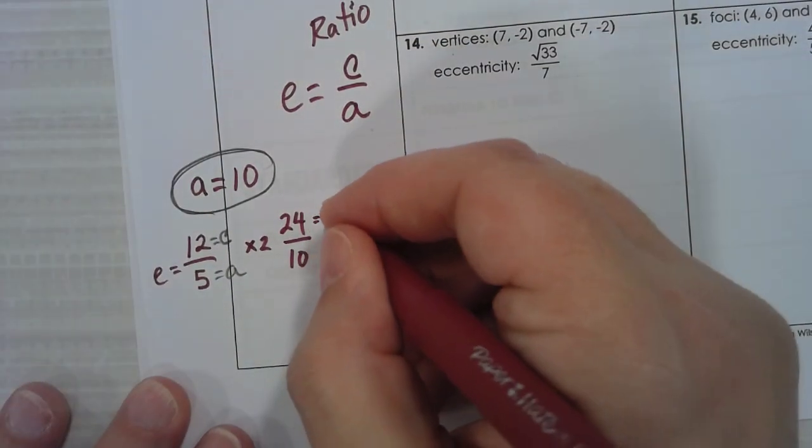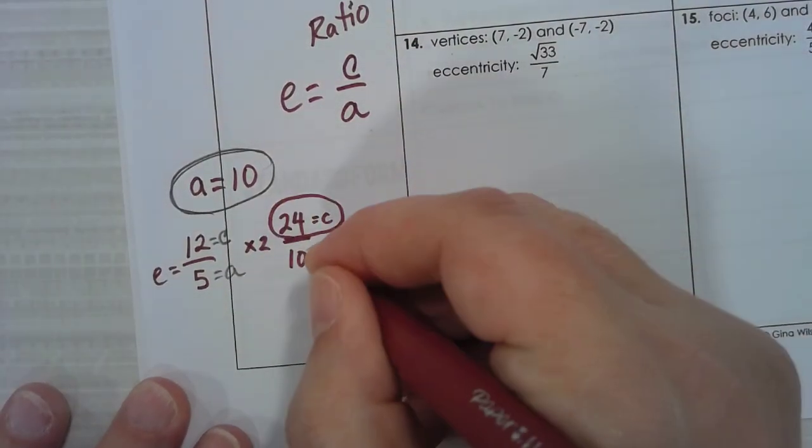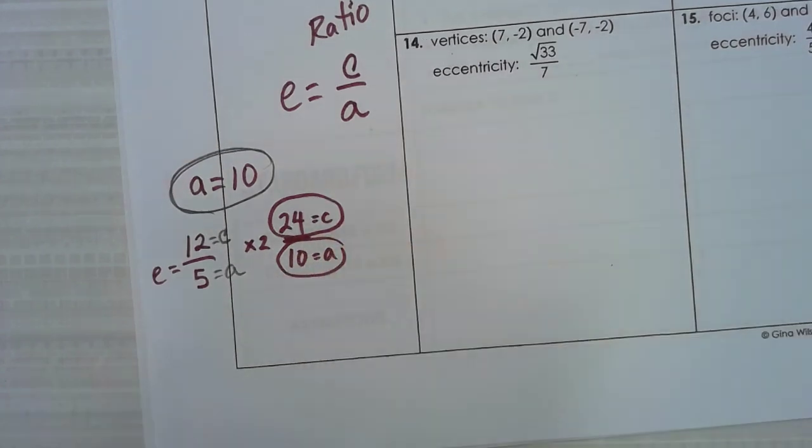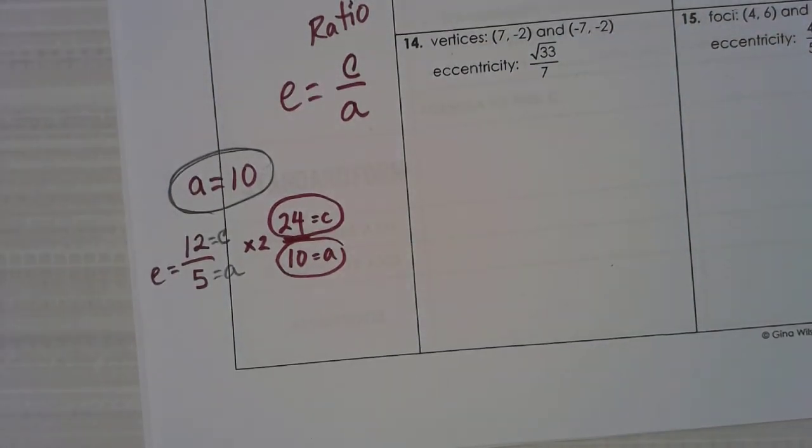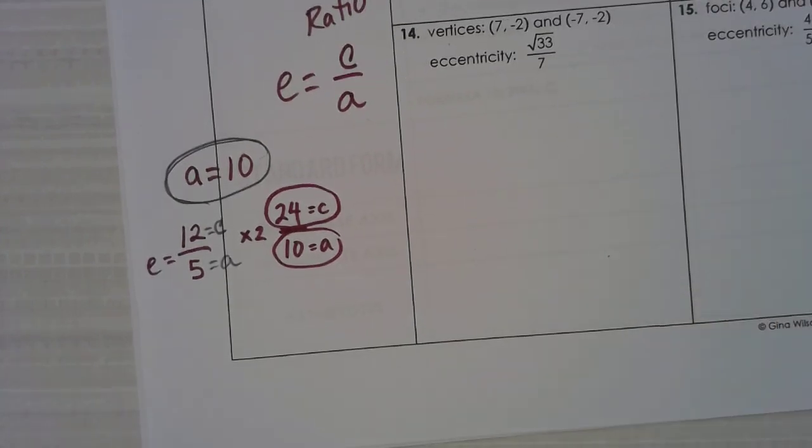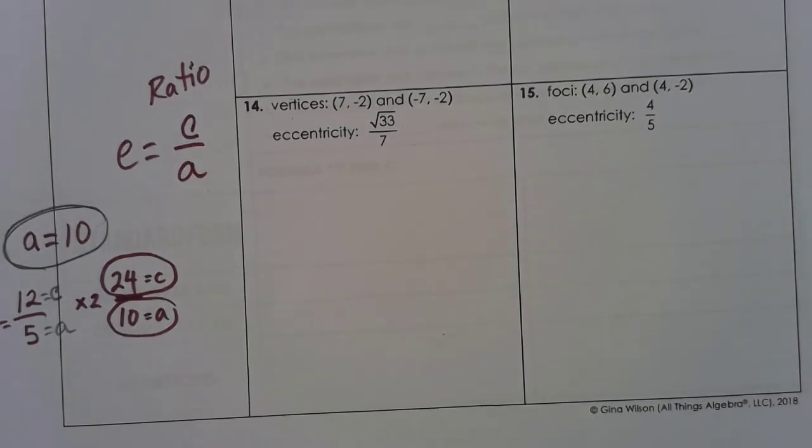So C is actually 24 and A is actually 10. Does that make sense? So when you're looking at the eccentricity, sometimes it's just already simplified. Like these examples that they have for us here, they're already correct. But it's not always that way, which I don't like about these two examples. I wish they had done one that was different.